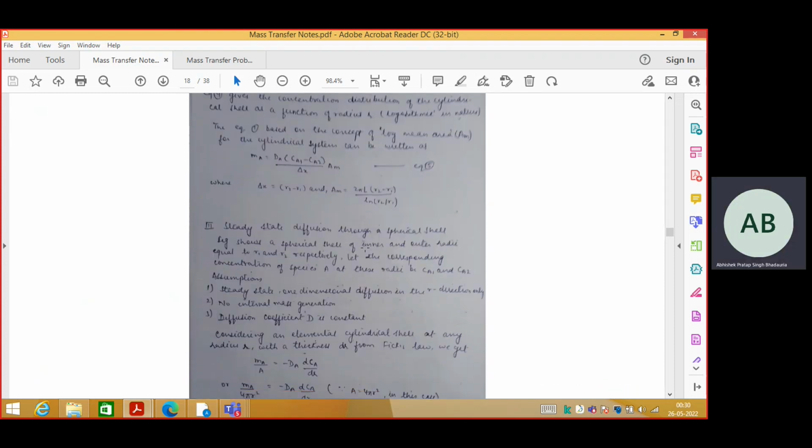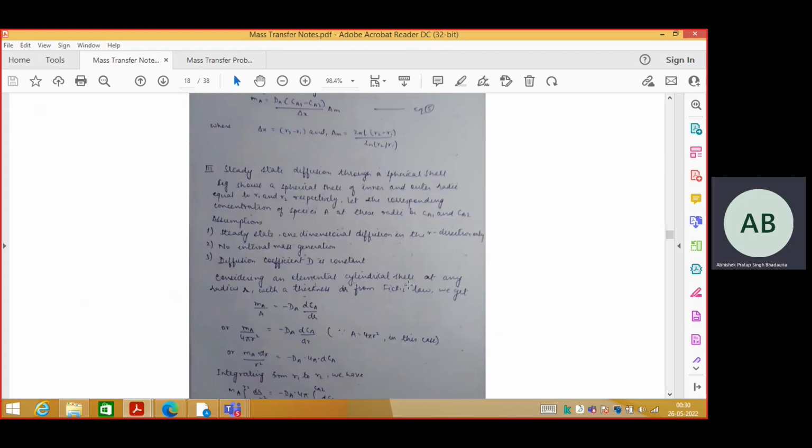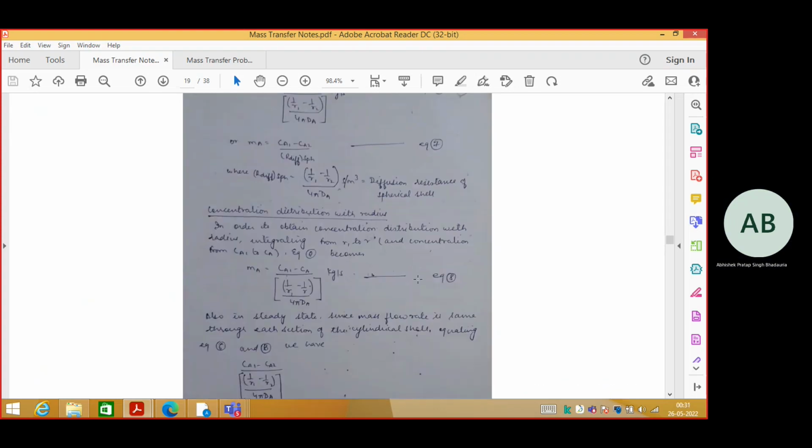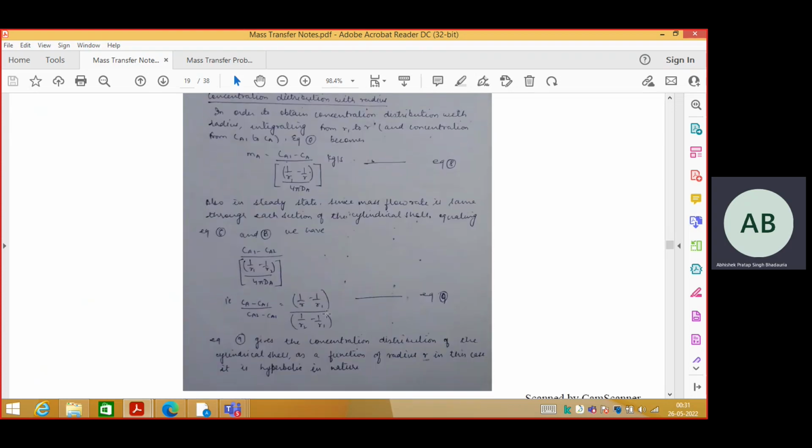Now the steady state diffusion through the spherical shell: we can do this in a similar fashion as we had done for heat transfer through spheres. Now I have to calculate the concentration distribution with the radius, all these things.